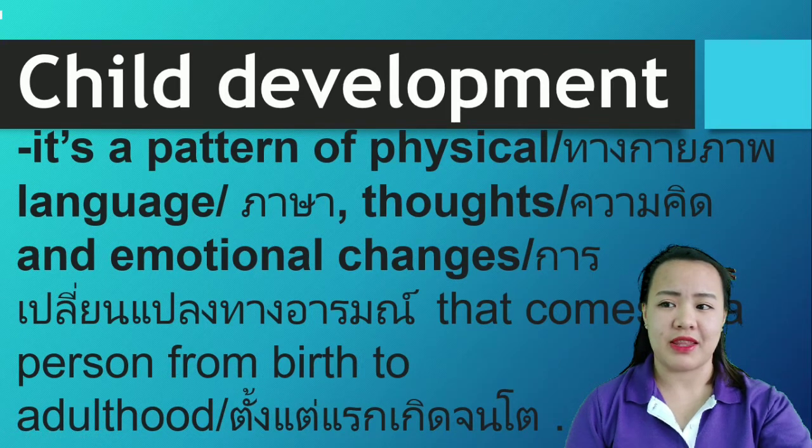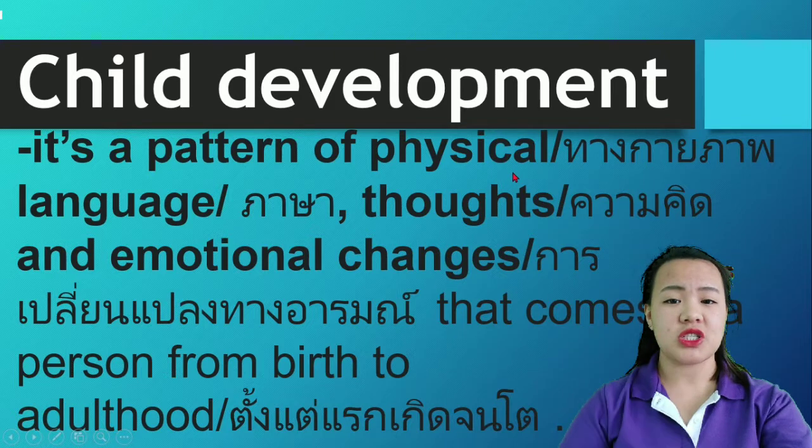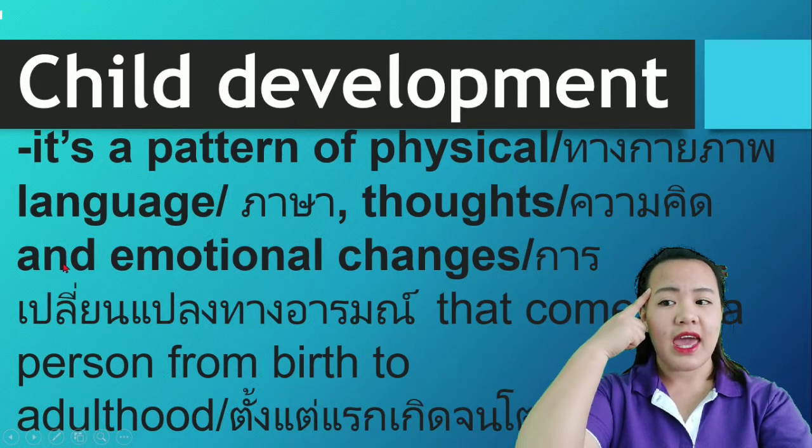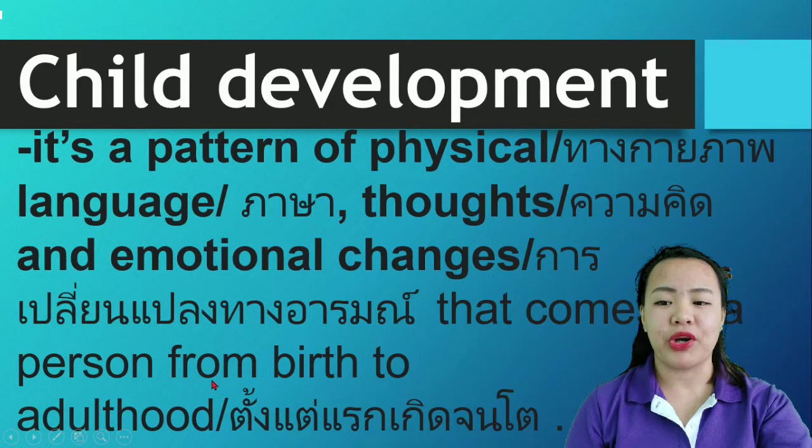Child development. So what is child development? It's a pattern of physical, language, thoughts, and emotional changes that comes in a person from birth to adulthood.